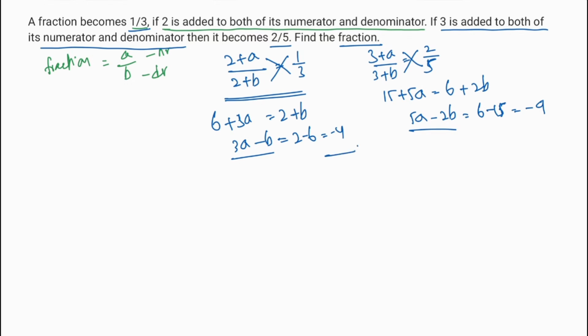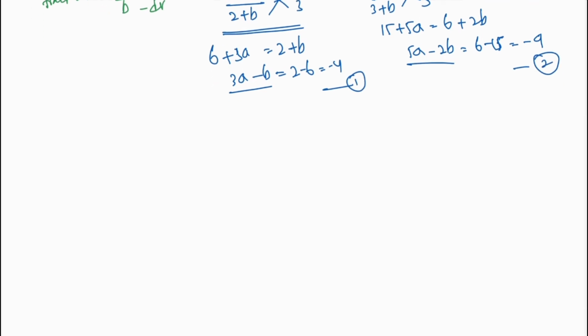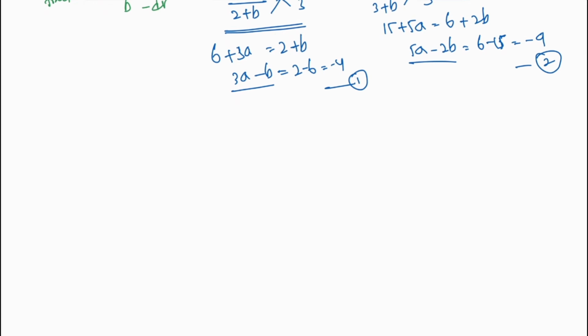You can solve with either the substitution method or elimination method. Now here let us use the elimination method. See, in the first equation, the coefficient of b is -1. The coefficient of b in the second equation is -2. So we will multiply the first equation with 2.